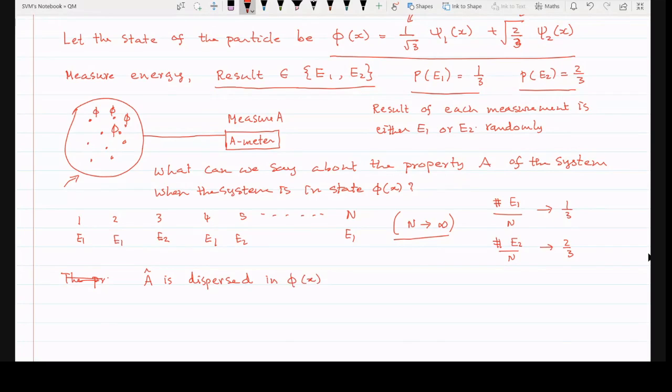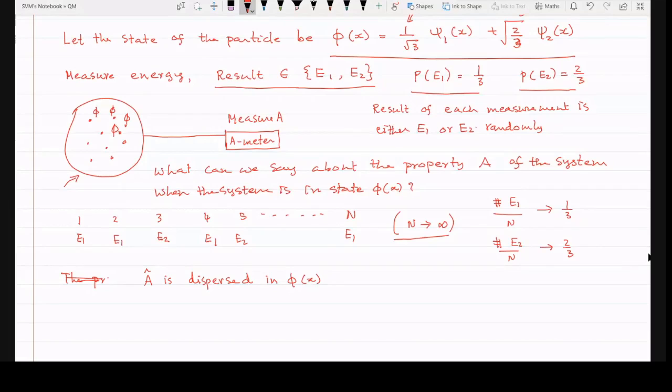The result is dispersed. It can be E1, E2, etc. Now, whenever the property is dispersed in a state, which is usually the case, I would like you to think when it is not dispersed. We will come to that, but you can think in the meantime.